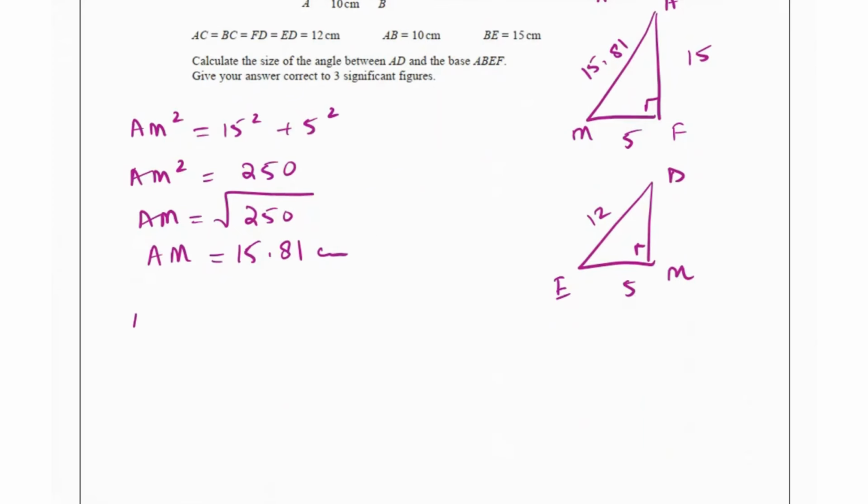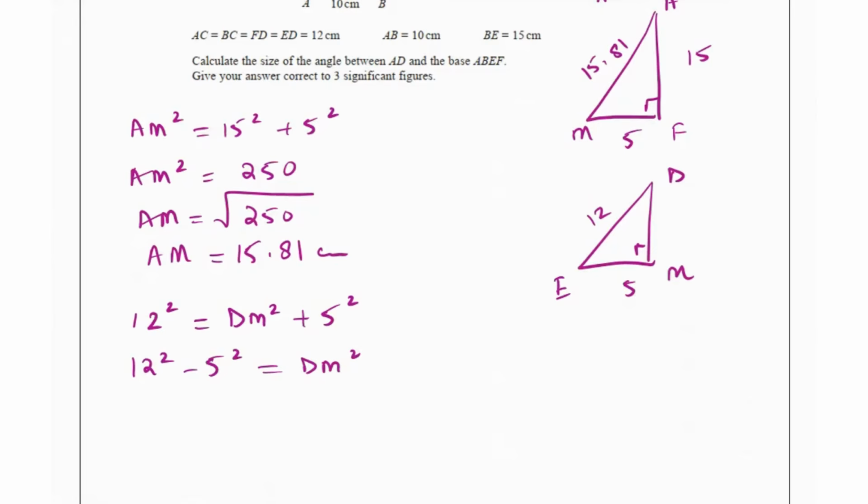So now 12 squared equals DM squared plus 5 squared. 12 squared minus 5 squared equals DM squared. So that's going to be 144 minus 25, which gives us 119. So now we square root 119 to find the value of DM. So square root of 119 gives us 10.91 centimeters.